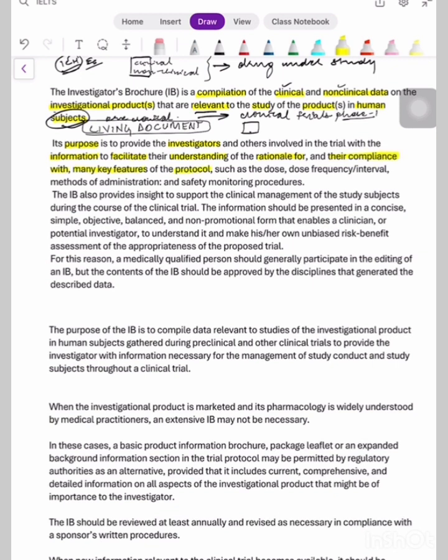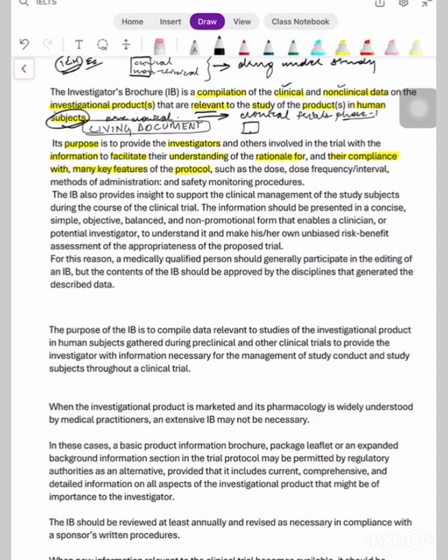So basically, what they're trying to do is justify the human exposure to the investigational drug or device specified in the investigational protocol. With this information provided, the investigator would be able to understand the justification and compliance for the many key features of the protocol.